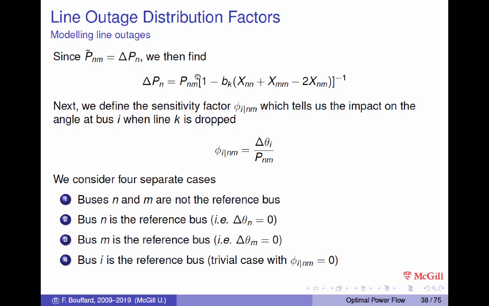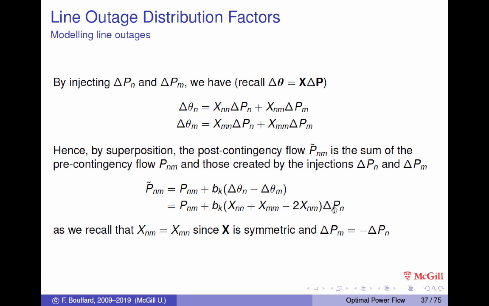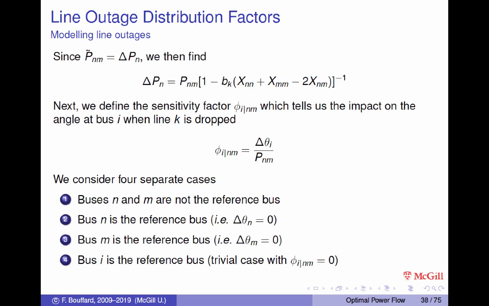So effectively, we can go back here and actually solve for delta PN. That will give us what we want, because really at the end of the day, PNM tilde is delta PN, because nothing is propagating to the rest of the network.